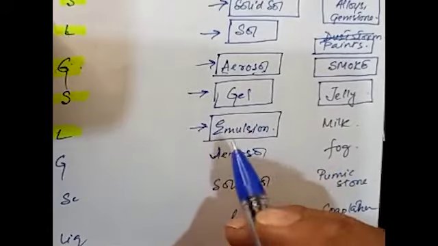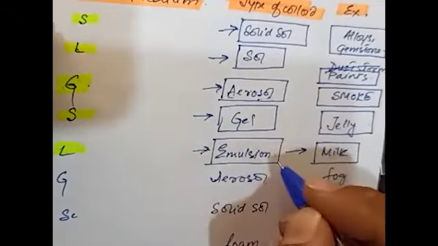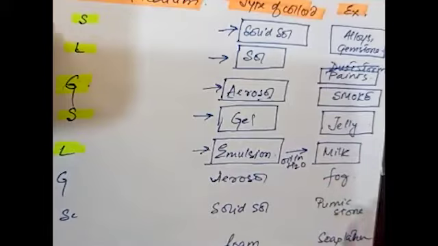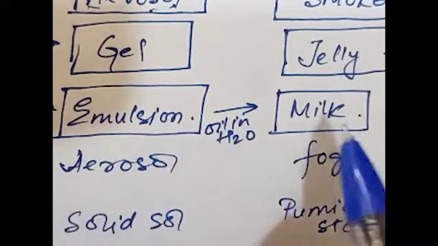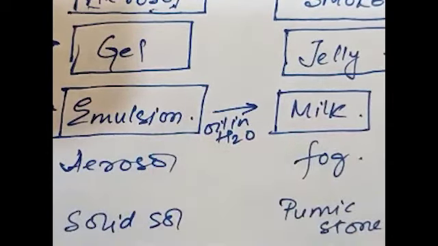Best example is oil and water. It can also be oil in water. So emulsion is a mixture of liquid and liquid.